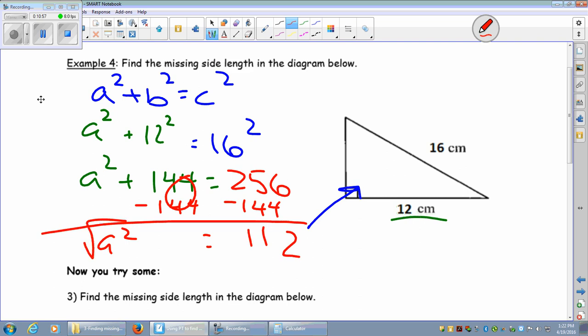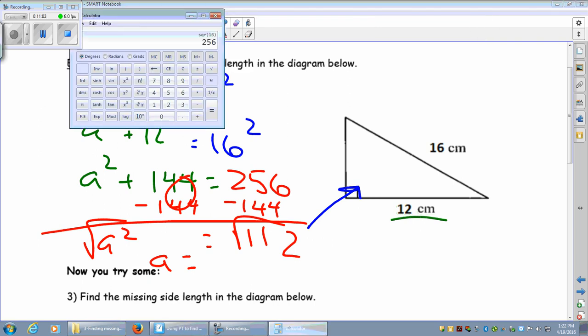So I'm going to take the square root of both sides and get a is equal to the square root of 112, which is a non-perfect square. And if you round that to the nearest tenth, what do you get? Looking at it, it looks like 10.6.